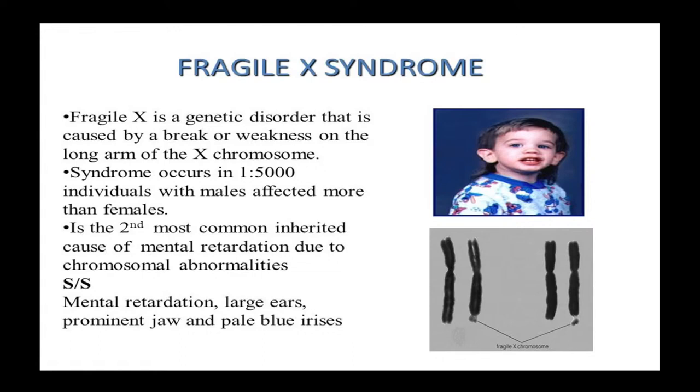The frequency of this syndrome is 1 case in 5,000 newborn children, and males are affected more often than females. It is the second most common inherited cause of mental retardation due to chromosomal abnormalities. The specific symptoms of this disorder are mental retardation, large ears, prominent jaw, and pale blue irises.